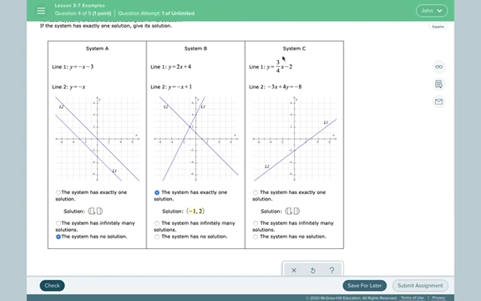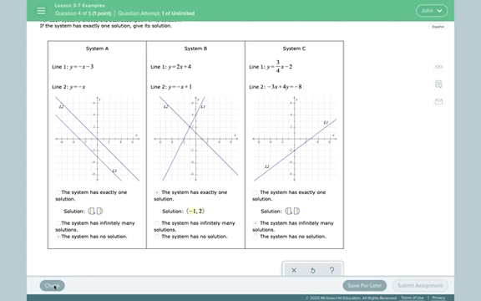So I'm going to have the exact same slope, and the same thing is going to happen with the y-intercept. If I divide -8 by 4, I get -2. So you have the exact same equation, just written two different ways. So this would be a case where it has infinitely many solutions, because whatever you put in one equation is going to work in the other equation.